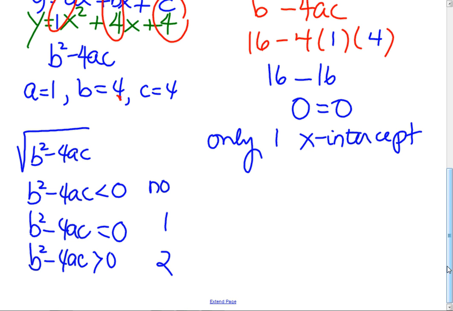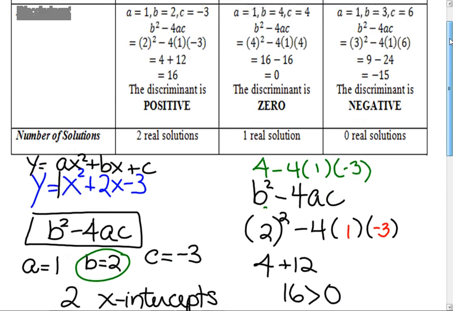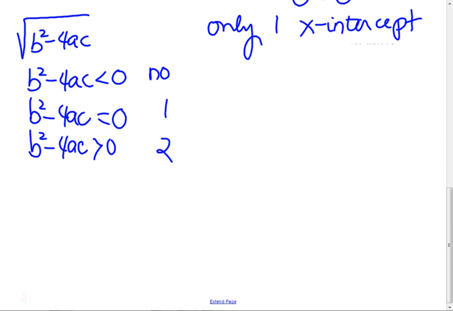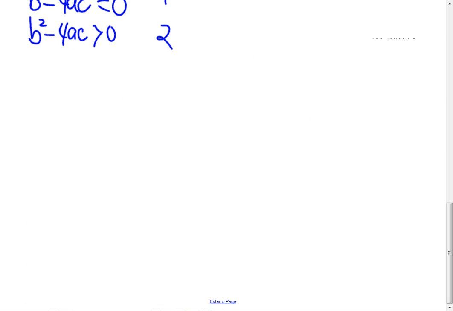Okay, Joe? We're going to try this one. Last one now. What's the last one? X squared plus 3x plus 6. And it could be on the MCAs. I don't know. So it's y equals x squared plus 3x plus 6.